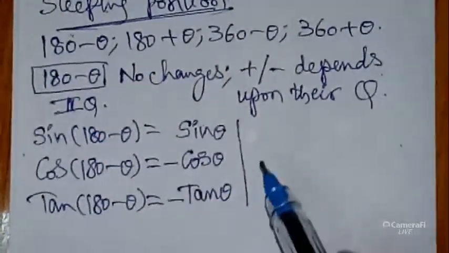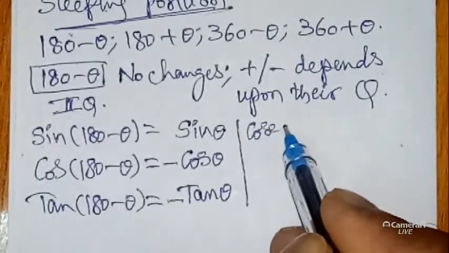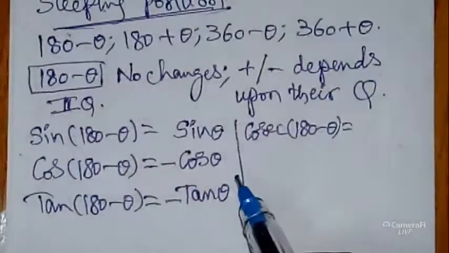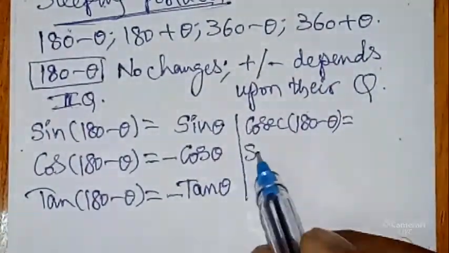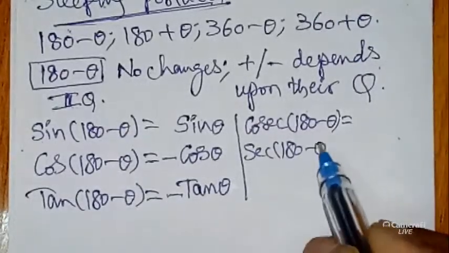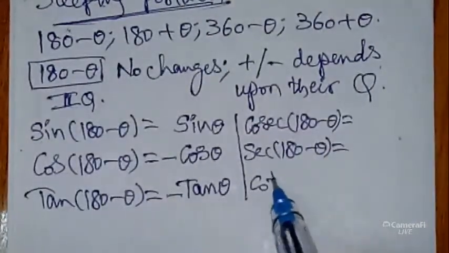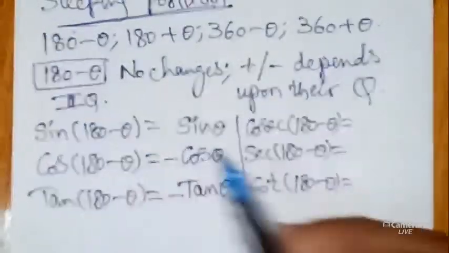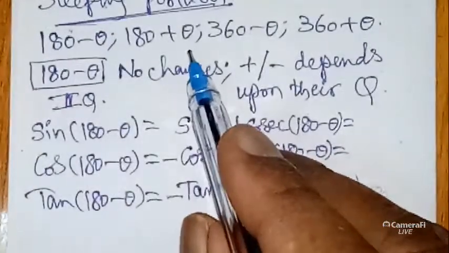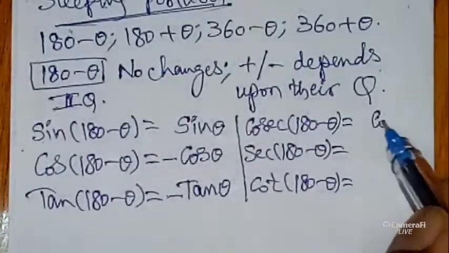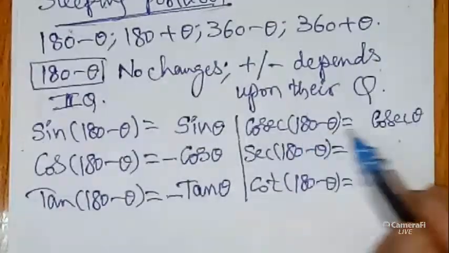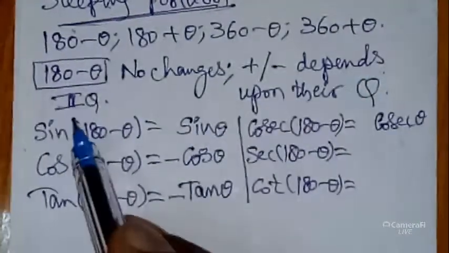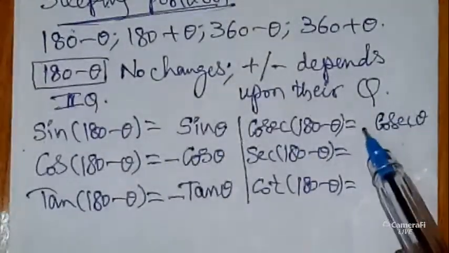And I want to explain the remaining reciprocal values. Reciprocal means cosecant 180 minus theta, secant 180 minus theta, cot 180 minus theta. So in the second quadrant, first of all, no changes related to sleeping position. There is no change. That is, cosecant stays cosecant. Next, you have to verify that in the second quadrant cosecant is positive.